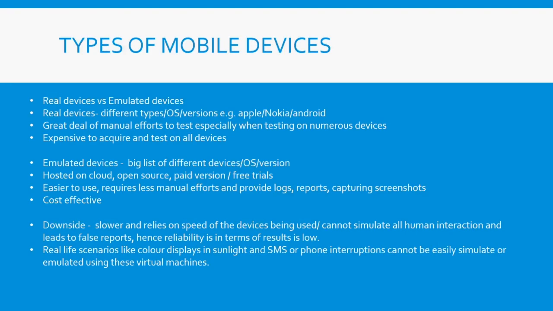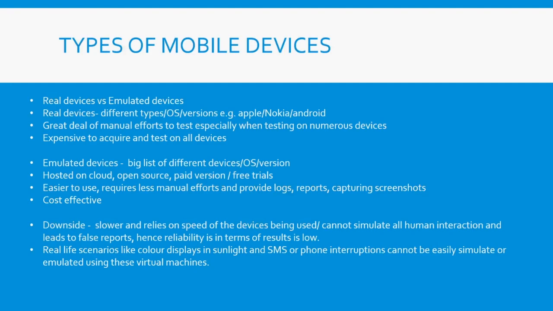They are not real. They live in the cloud. But one thing about them is that they have a big list of different devices, operating systems, or versions. Some of them are open source. Some of them are paid versions, and you could get free trials for them. One of the advantages of them is that they are easier to use.